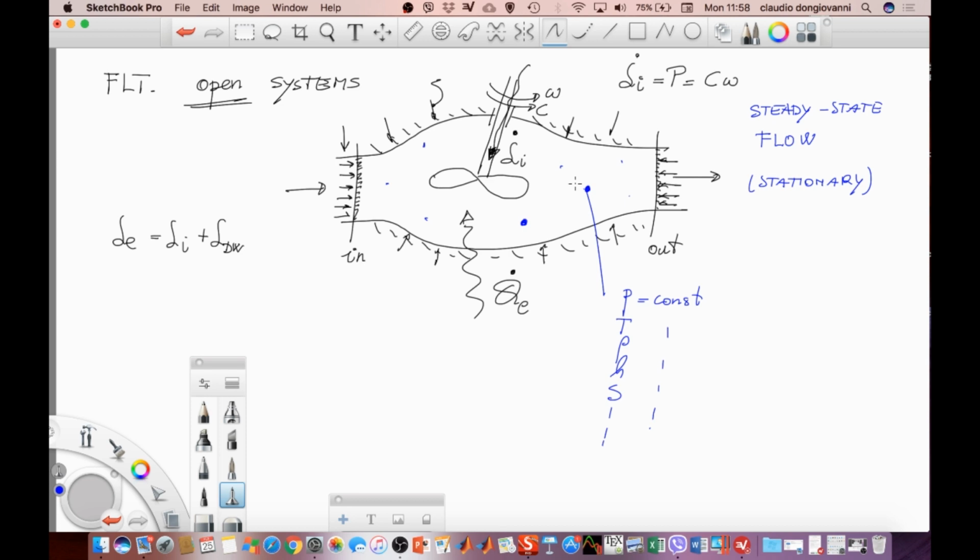Not only the flow rate, everything has to be constant. Say the flow rate is constant, thanks to, I don't know, a ball, where you introduce a constant flow rate. What happens?